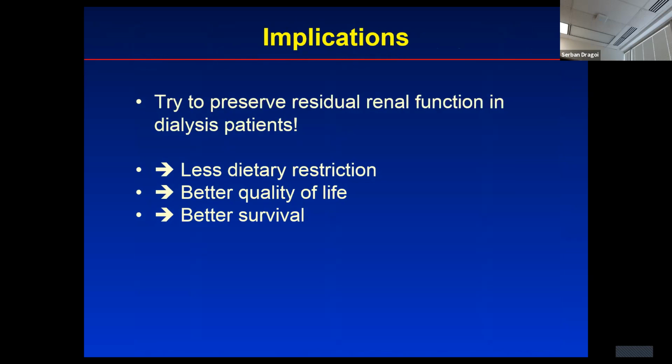What it means is that instead of starting 3 times a week dialysis, in patients that are qualified, and I cannot emphasize enough, patients that are well qualified for that, very compliant, very motivated and intelligent patients, it can be explained to them that they could start an extreme diet with once a week dialysis. Even if they are uremic, we can start once a week dialysis with an extreme diet, or twice a week dialysis with a less extreme diet for a while, and that will prolong the residual kidney function.